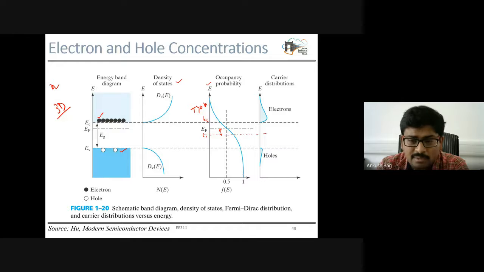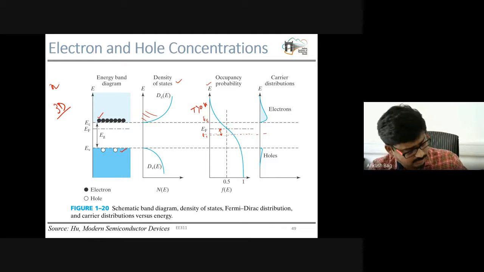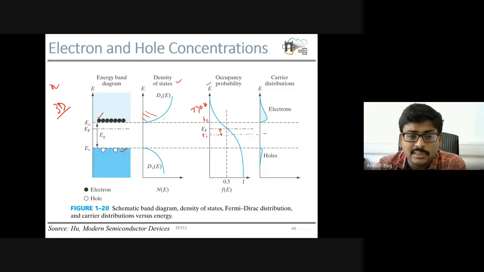And from this distribution, you can easily understand once again. See here, this is the density of states available in the case of this bulk or 3D semiconductor.